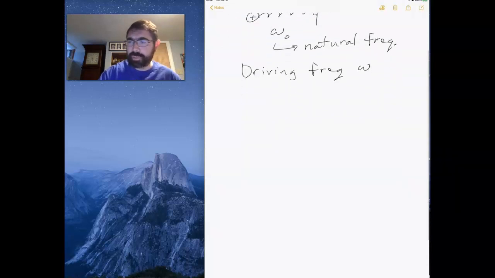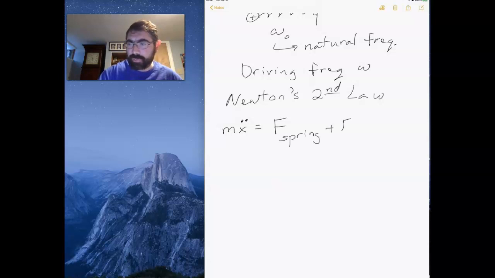Okay, so if we start with Newton's second law, then what we have is mass times the acceleration is equal to the force of the spring plus the force of the radiation, which is what we're trying to figure out, plus this driving frequency.